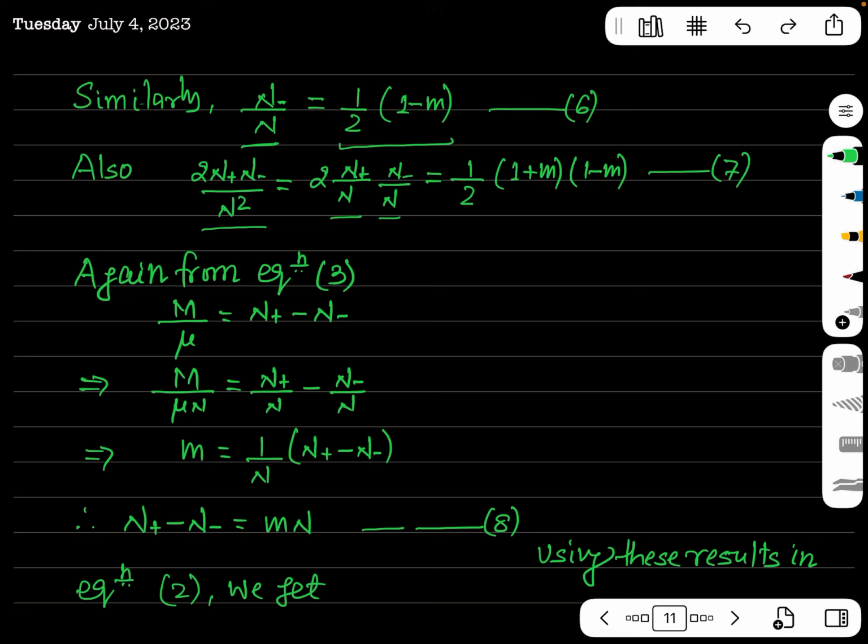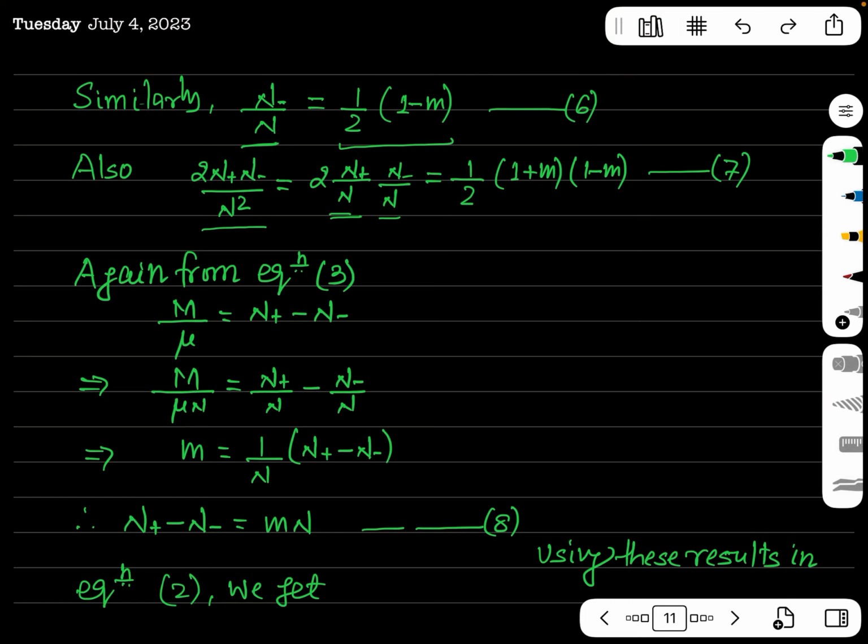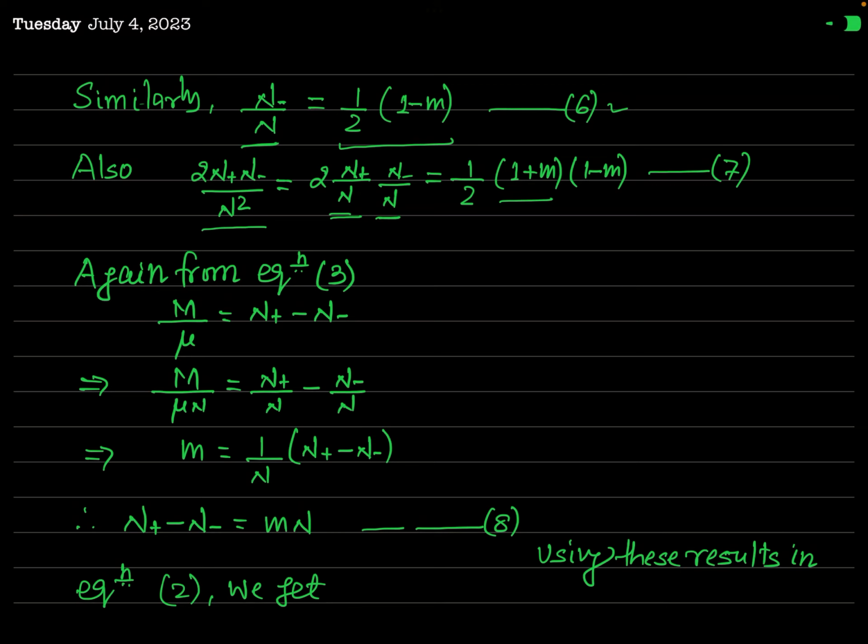So this is 2 times n plus by n times n minus by n. But n plus by n, you have just calculated, is 1 over 2, 1 plus m. And n minus by n, you have calculated in equation 6, is 1 over 2 times 1 minus m. As there is a factor 2, one of the 2 will cancel out and your result will be 1 over 2 times 1 plus m times 1 minus m.